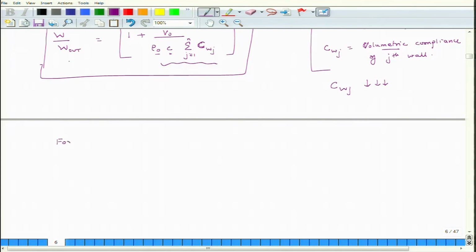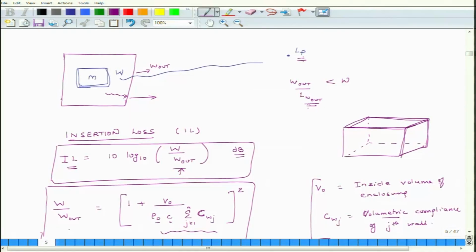So, for homogeneous rectangular walls with fixed edges, once again it is fixed here, each edge is fixed.